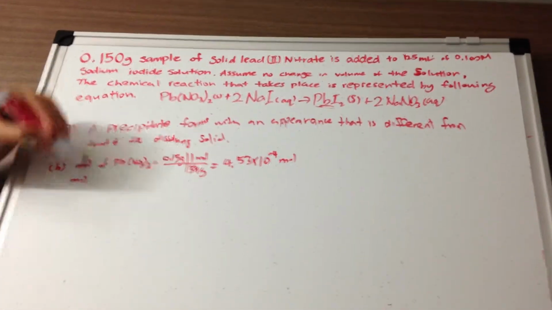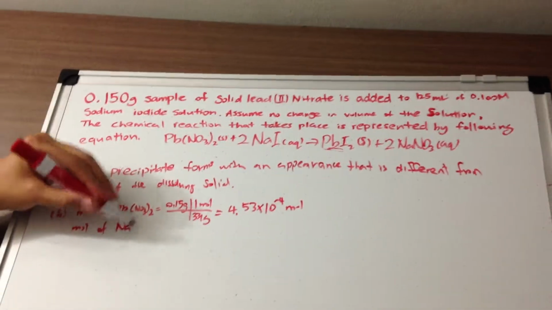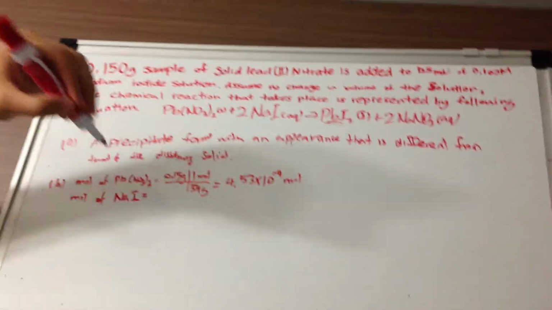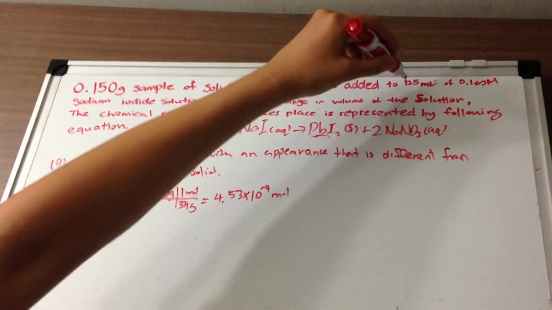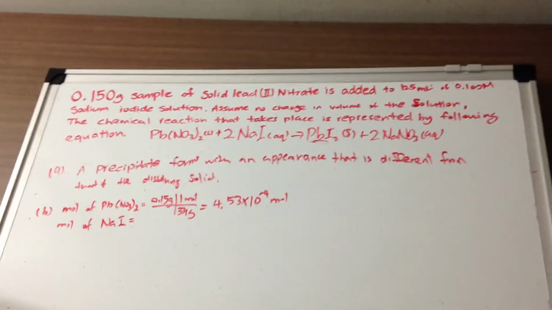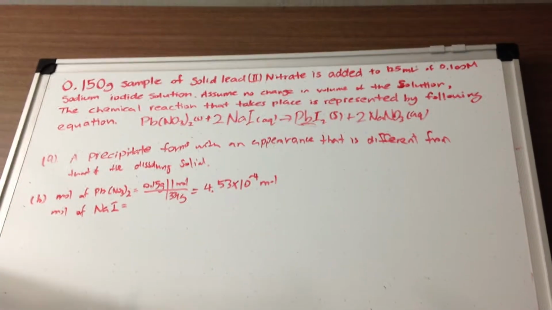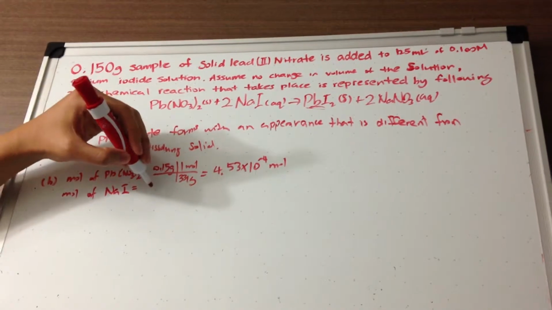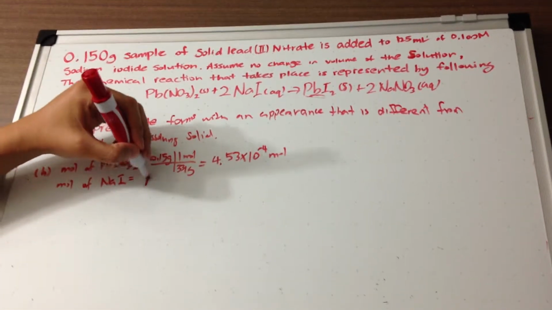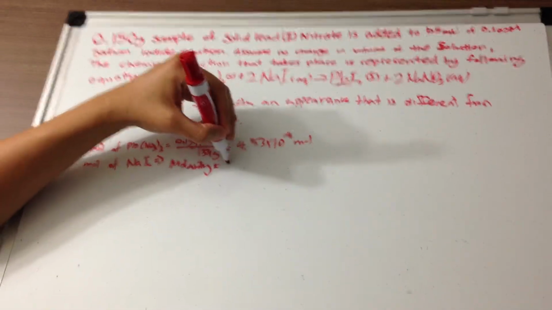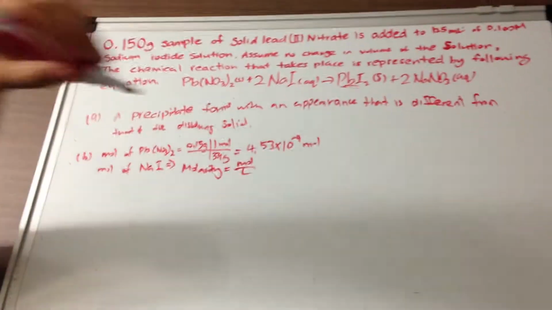And for moles of NaI, you use the initial condition, which is that the sodium iodide solution has 125 milliliters of 0.1 molar. So you know that molarity equals moles over liters.